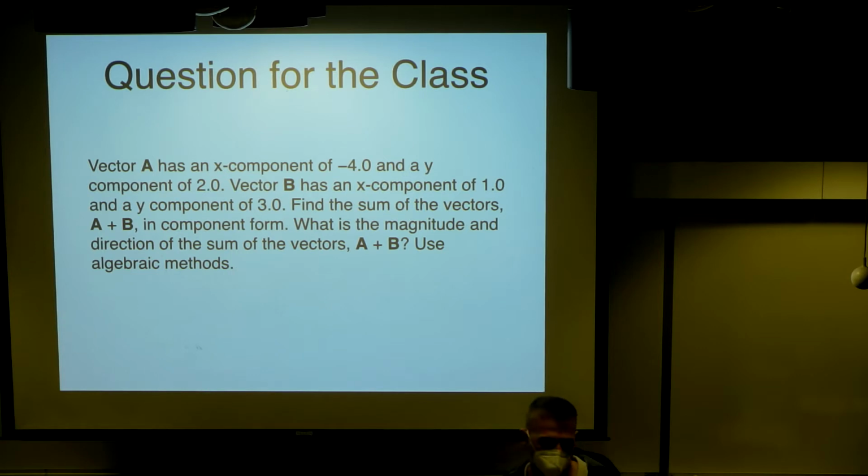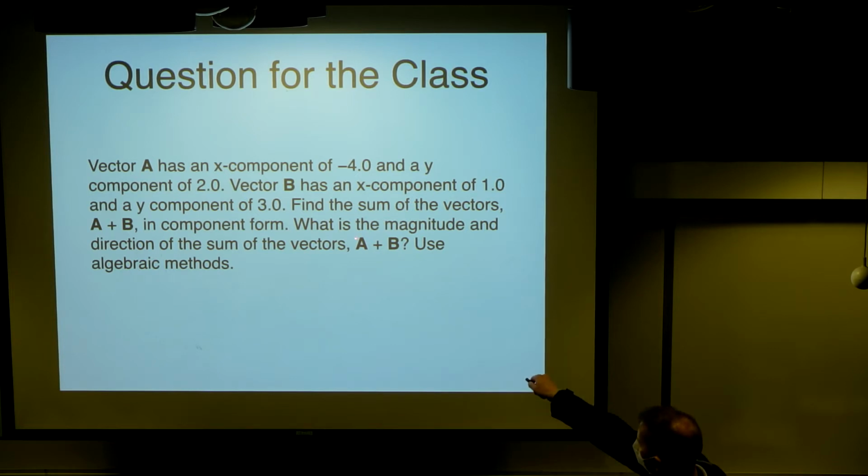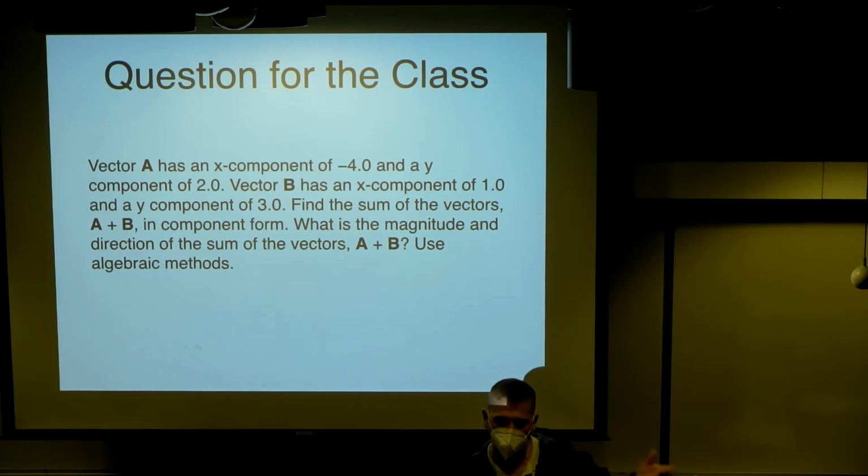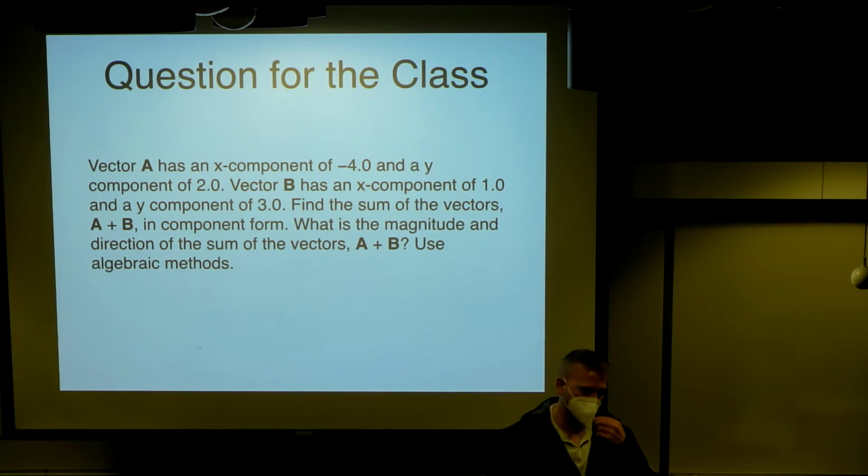In other words, just give me the x component of that sum and the y component. But then after you've done that, figure out what the magnitude and the direction is for that resultant vector. So first step is just add them together, get the x and y components, and then once you have that, find the magnitude and direction. See what you end up with, and then we'll go through it together.